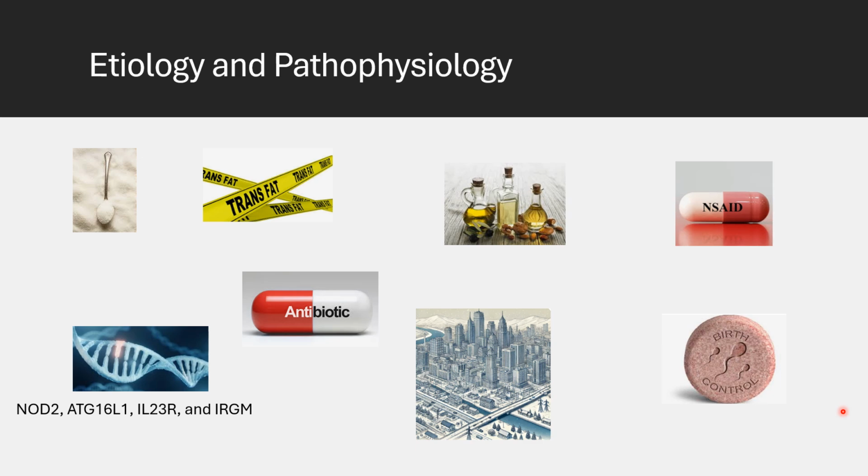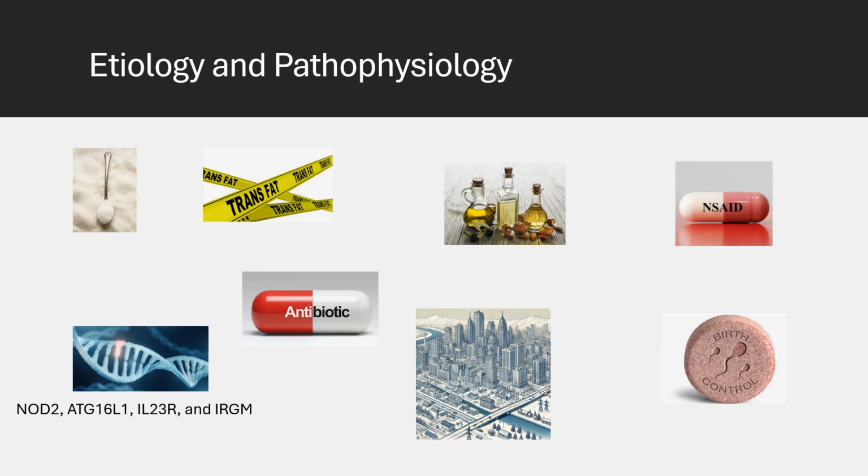Same as Crohn's disease, usually you see that they have other immune system diseases, such as cystic fibrosis or psoriasis.